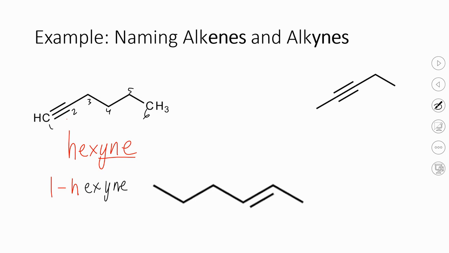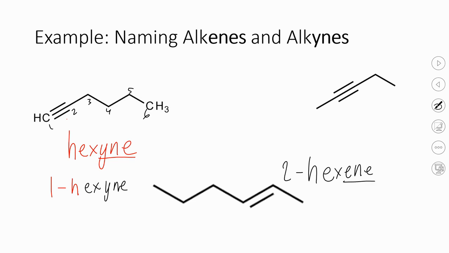Okay, how about this one? What did you get here? Excellent. Hexene, and this one we have to specify. 2. Good, this will be 2 hexene. So for the last one, either option is fine. If we say hexyne, we just know it's at the 1 position. This one is not at the 1 position, so we have to specify. This is closest to the 2 position. Okay, 2 hexene.